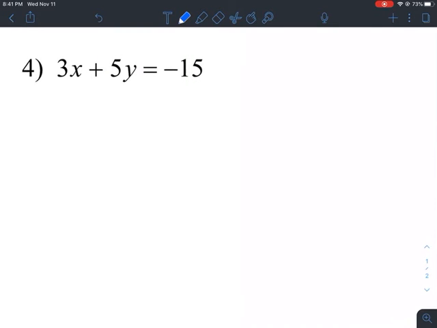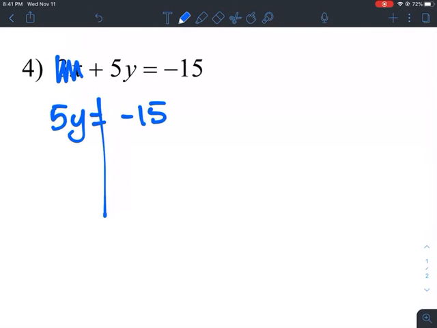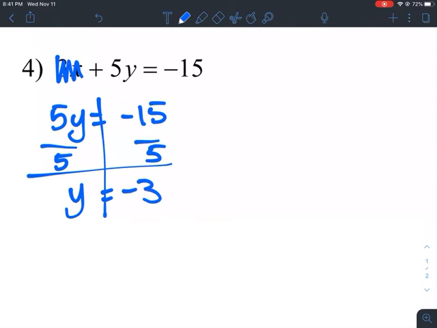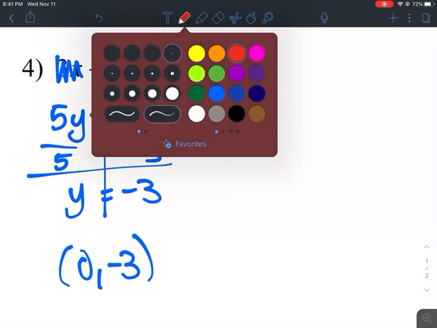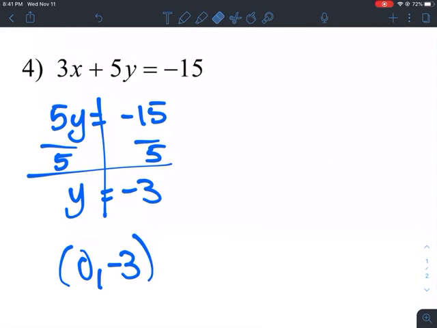With this one, if I plug in 0 for x, anything times 0 is 0. So it's just going to go away. So I'll get 5y = -15. To solve for y, I just have to divide by 5. So I get y = -3, which would be the point 0, -3. That's my y-intercept.